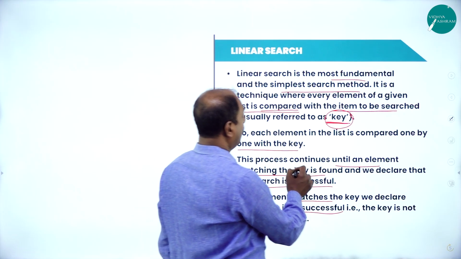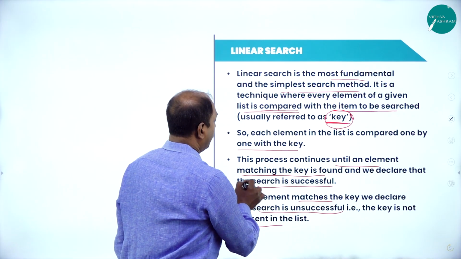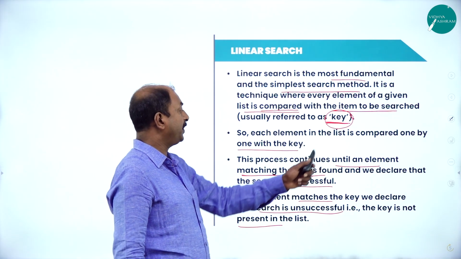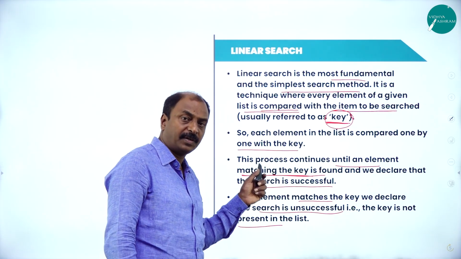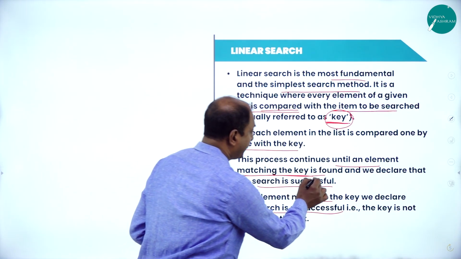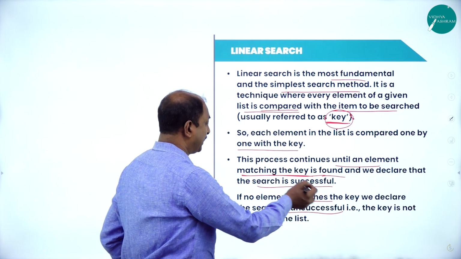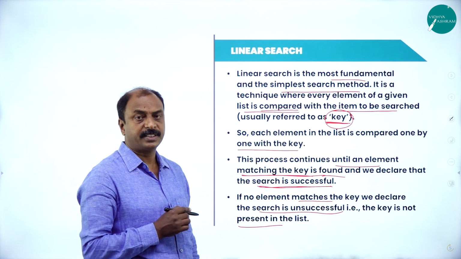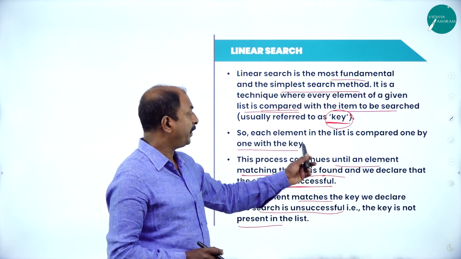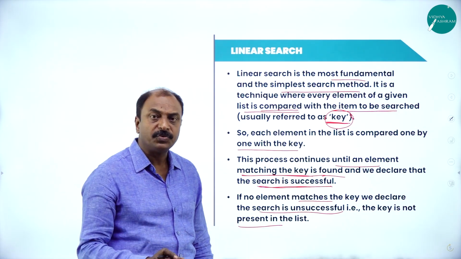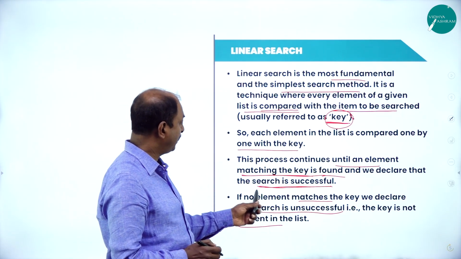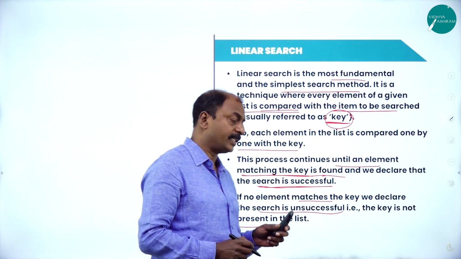And if a matching element is found, meaning the key element equals an element in the given list, then we say that the element is found or present. We declare that the search is successful. If the key element matches any element in the given list, then we understand that the search is successful.